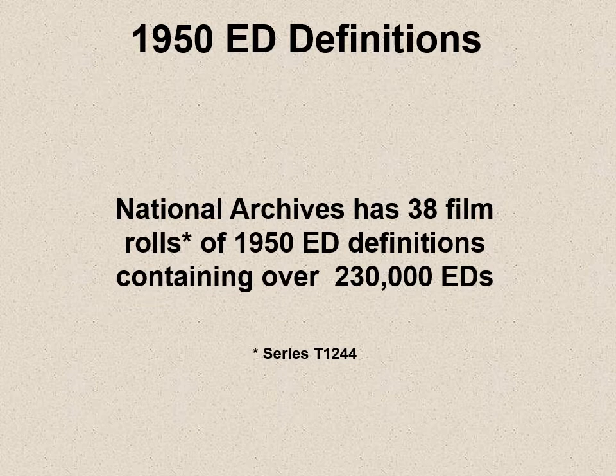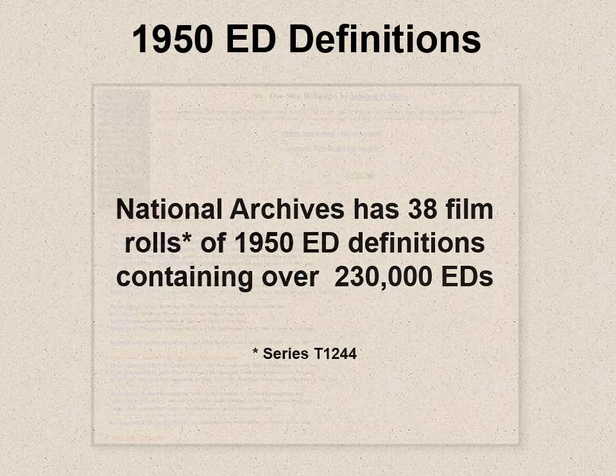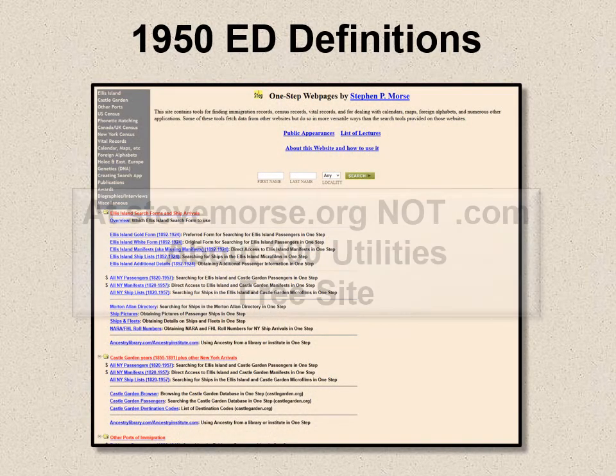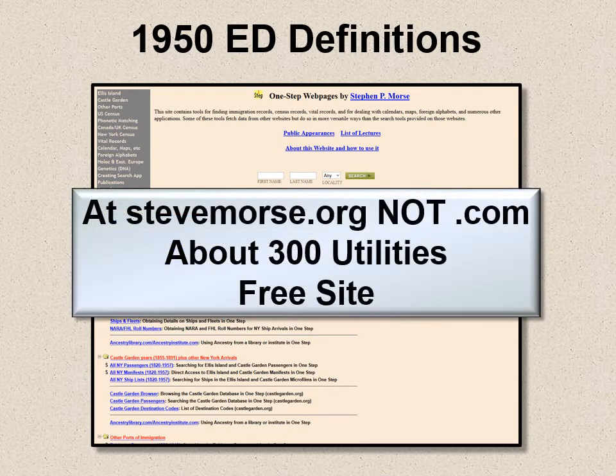We found all 38 films on Interlibrary Loan and scanned them ourselves and put them on the OneStep web pages. So that's stevemorse.org, not .com. There are 300 utilities, but the major utility is the unified tool that I'm going to show you next.